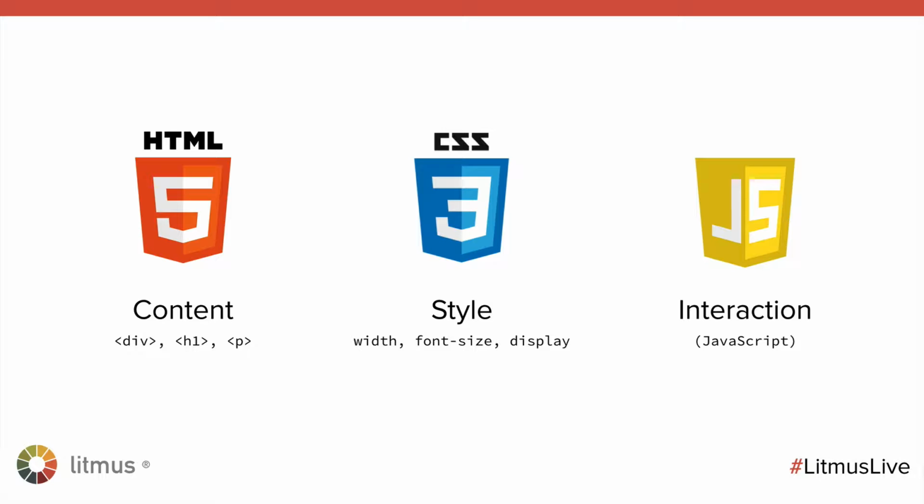Now, some crazy email developers like Mark Robbins have figured out how to recreate basically interaction using just CSS. But for all intents and purposes, JavaScript is what's used and should be used for interaction on the web. We're not going to talk any more about that today because it's email and you can't use JavaScript. But those are the three core tenets.